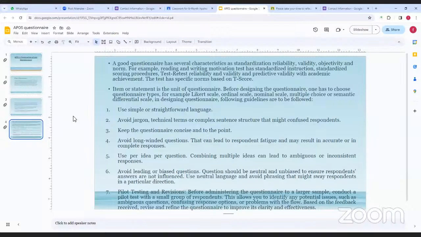Number 3, it is important to check the retest reliability or the internal consistency of the items. What is the coefficient?